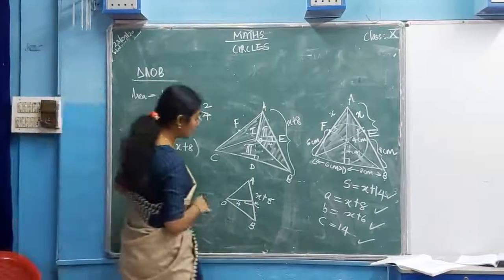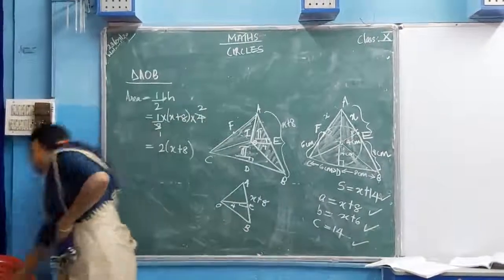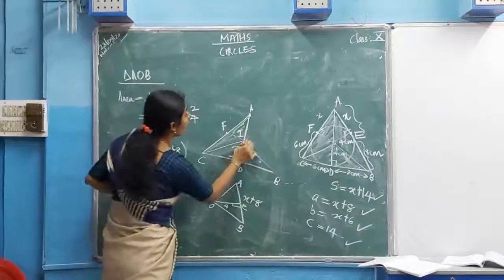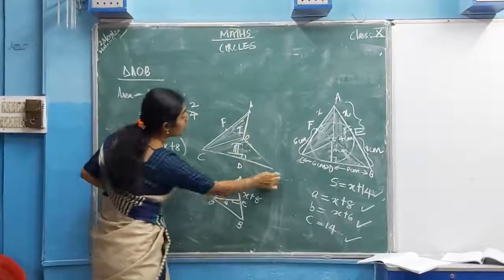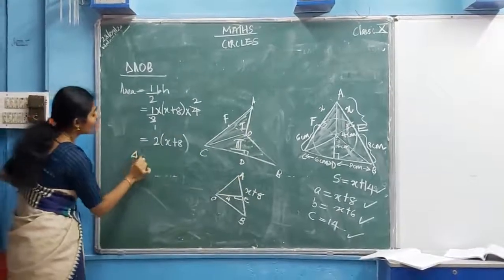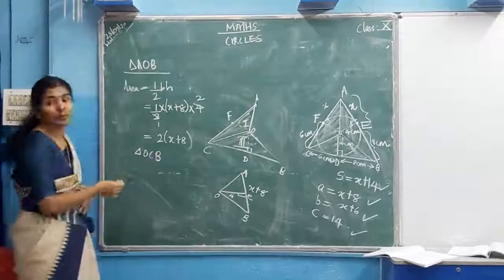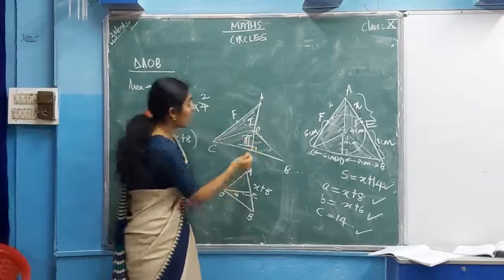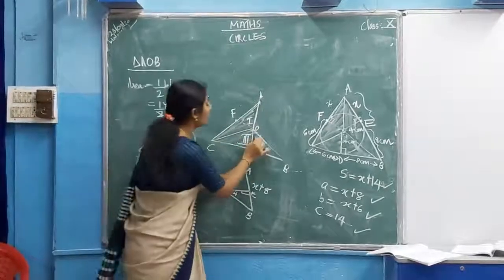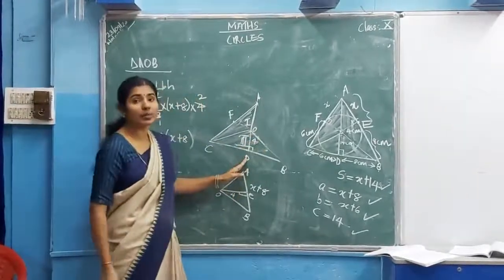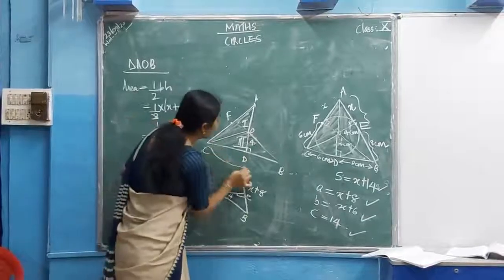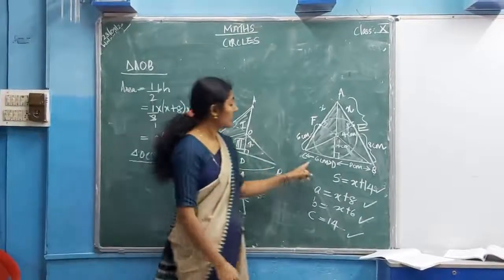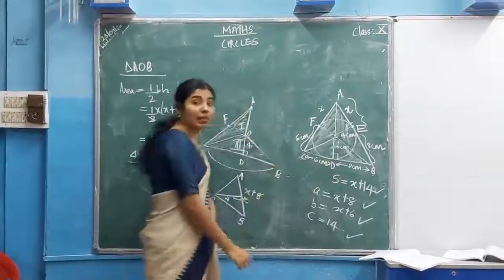Now we have considered the second triangle, triangle OCB. When you consider this triangle, which is the height? Height is OD, that is the radius of the circle, 4 centimeter. Base is BC, given as 14 centimeter.